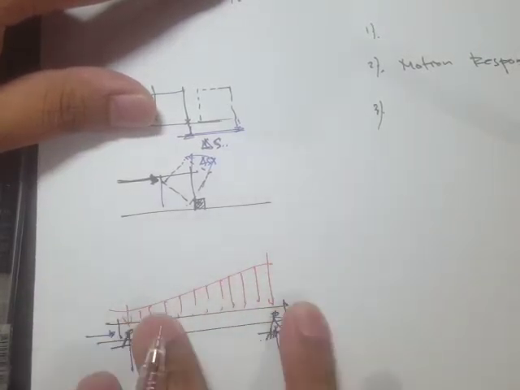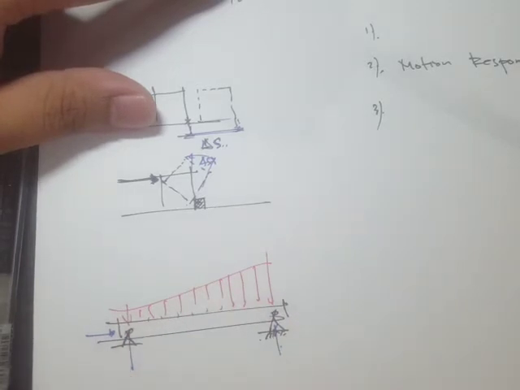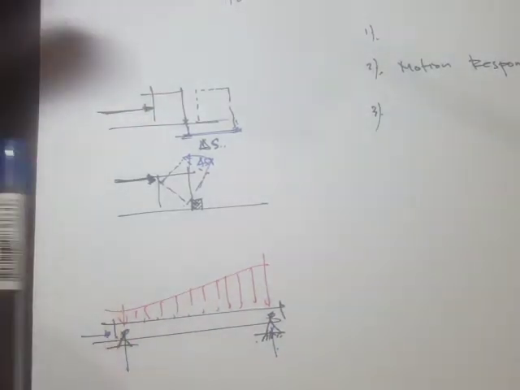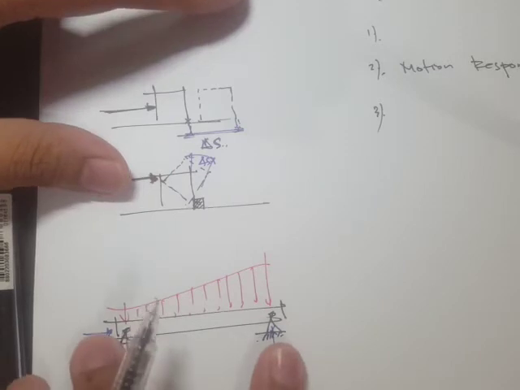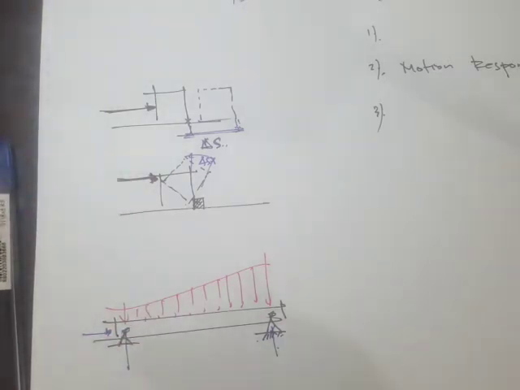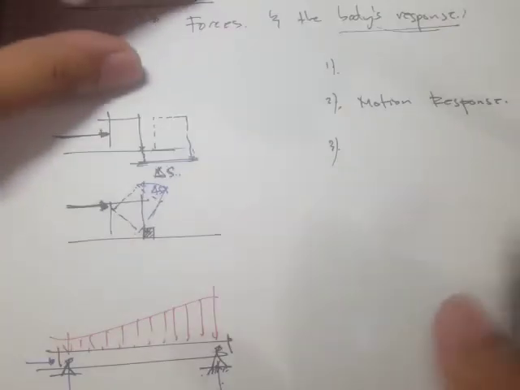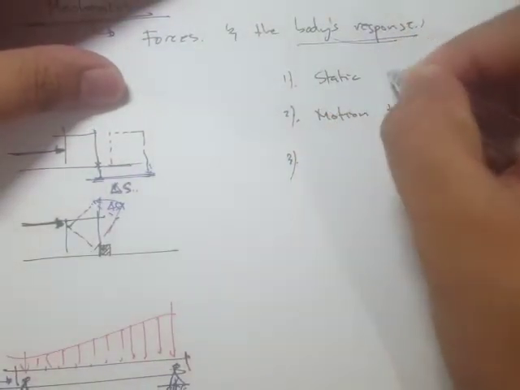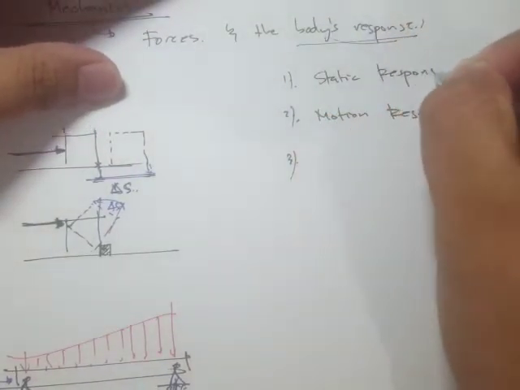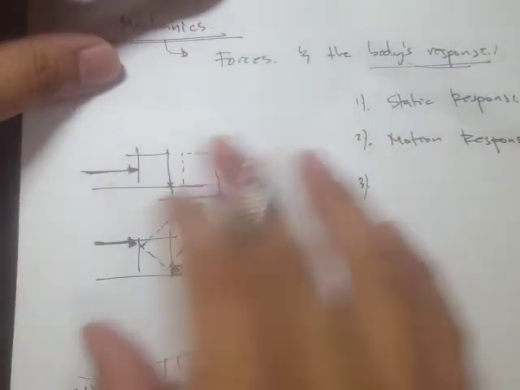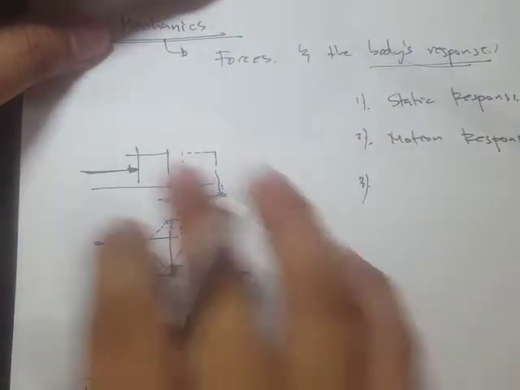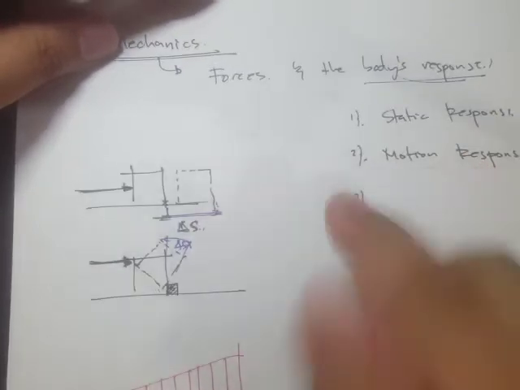Because of this external force, support reactions are generated, and this beam is not in motion. So the response is simply a static response, whereas in the two previous examples, the response is in terms of motion.